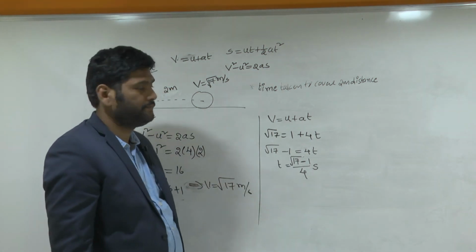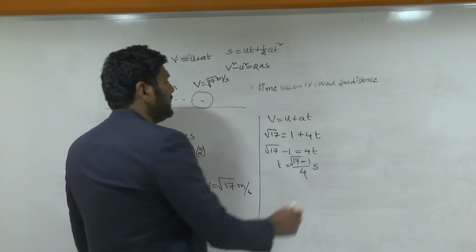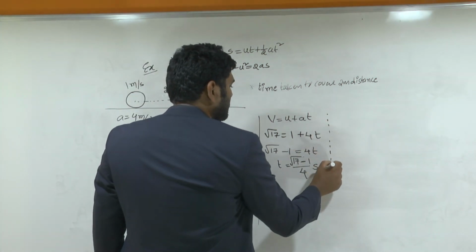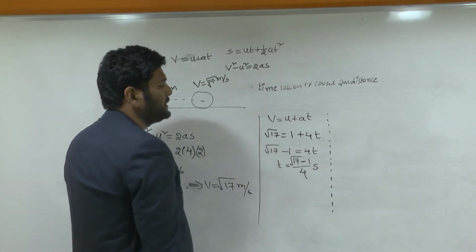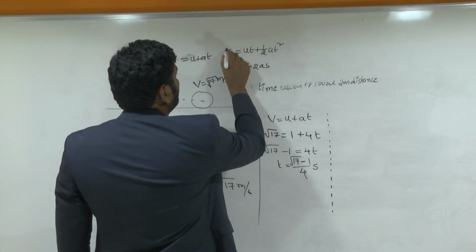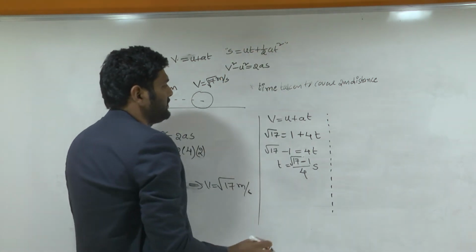Similarly, the same answer we can find by using the second equation of motion, that is s = ut + ½at².